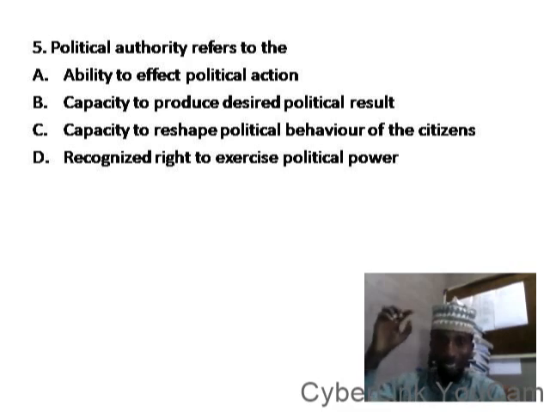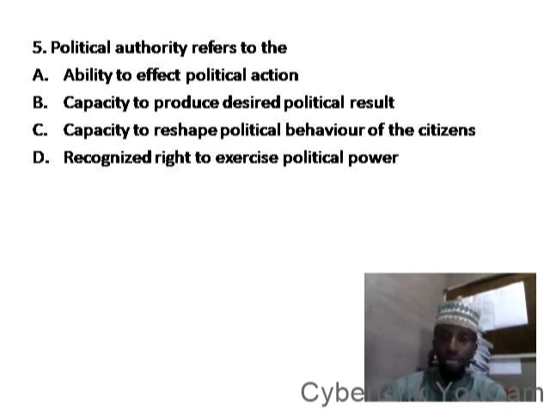I said authority is a legal right. It's the same thing with legitimate government, which is acceptance and recognition. Looking at option D, recognized right to exercise political power, that is what we have for ourselves under chapter 2, the basic concept of government.